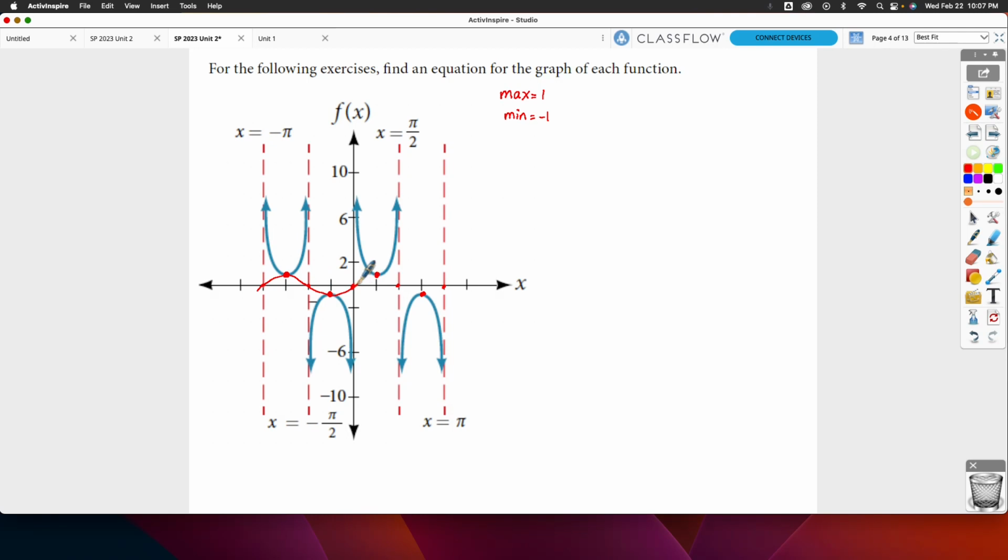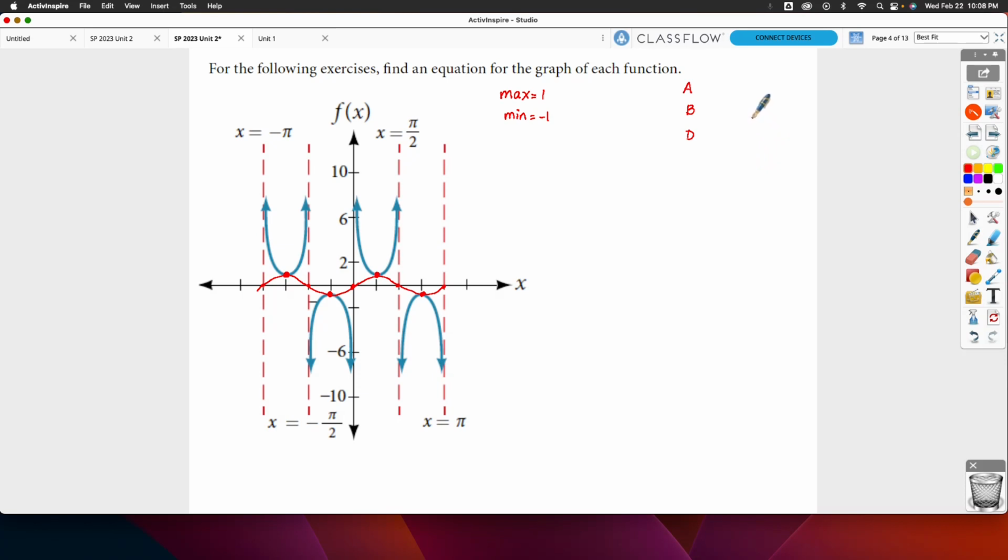So we want to identify the graph of this function right here. We said maximum is at 1, minimum is at negative 1. So we want to find our A, B, C, and D. Let's do A, B, and D because the C is different for sine and cosine.